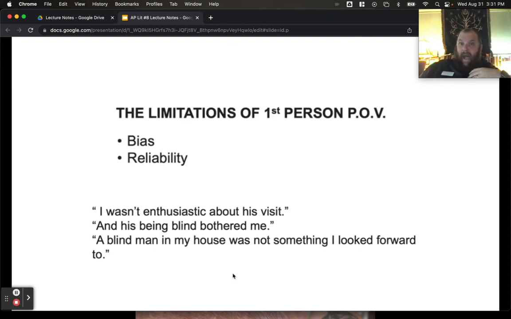So now I am kind of asserting my own power against the narrator. I'm asserting my power and the narrator's asserting theirs. And that's what literature does, is it gives us the chance for those two things to face and see what happens. But those are, to me, limitations within a first person point of view.